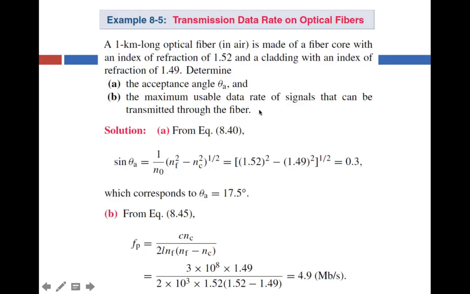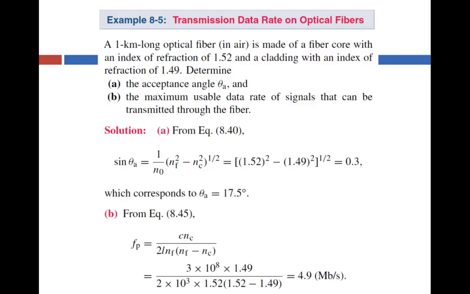This is just a plug into the formula problem where we find the acceptance angle by applying the formula for the acceptance angle given in the previous slide. We plug in 1 for n naught, and the fiber and cladding indices of refraction respectively, and we end up with 0.3, which corresponds to an acceptance angle of 17.5 degrees, which would give a total angle of twice that.